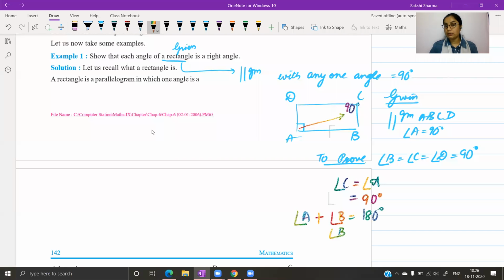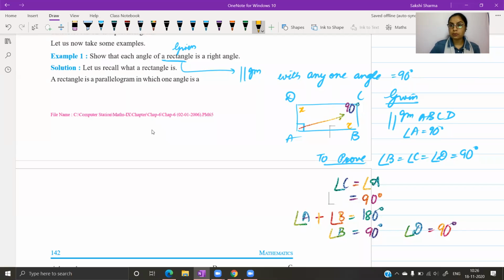From here, angle B comes out to be 90, and the angle opposite to B, that is D, will also be 90 degrees. Or you can use the same property that B and D are equal. You can mark each of them as X. These are opposite angles of a parallelogram, so they will be equal. Mark them X, and then you can use the angle sum property. That's also an option, whichever seems convenient to you.